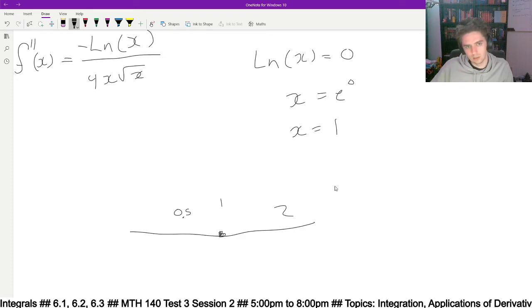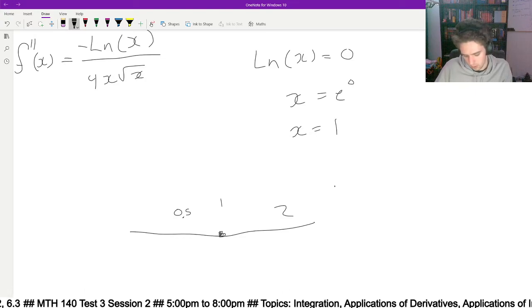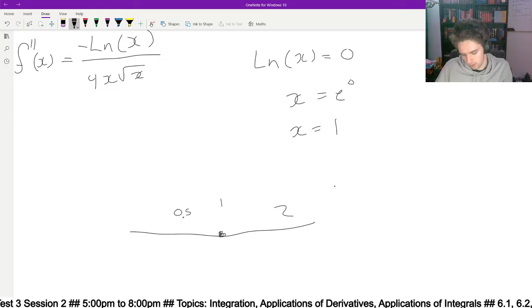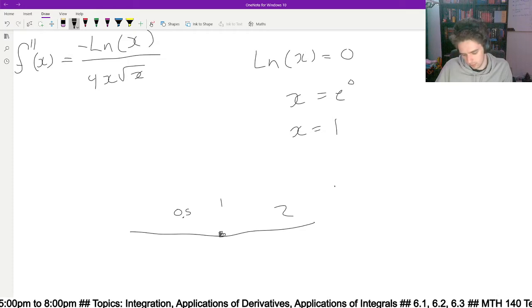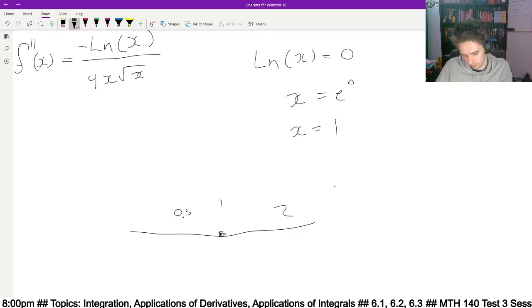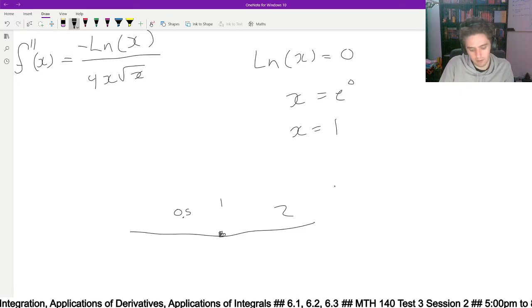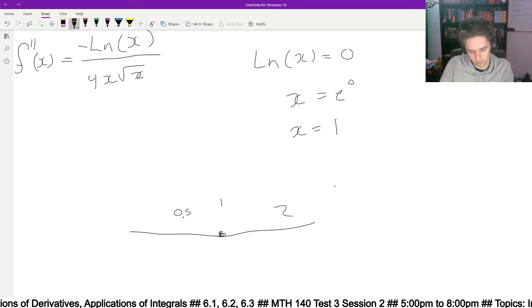Ln of 0.5 is, well, I'll just type the whole thing in actually, sorry. So negative ln of 0.5 over 4 times 0.5 times the square root of 0.5.